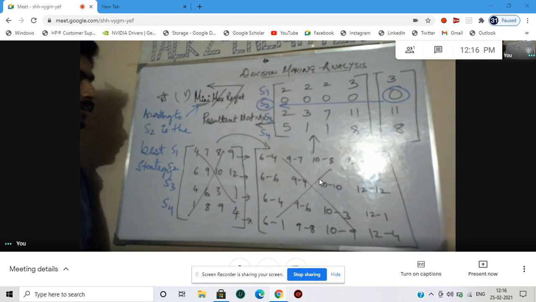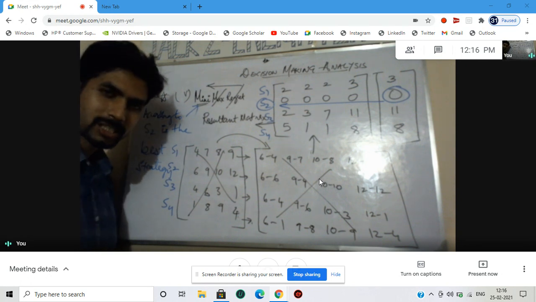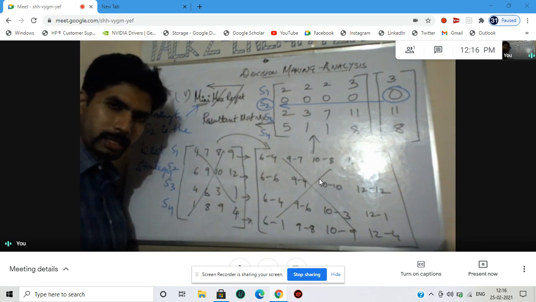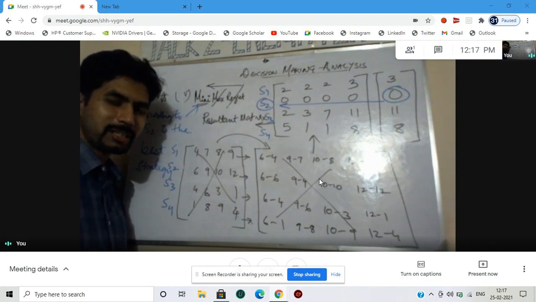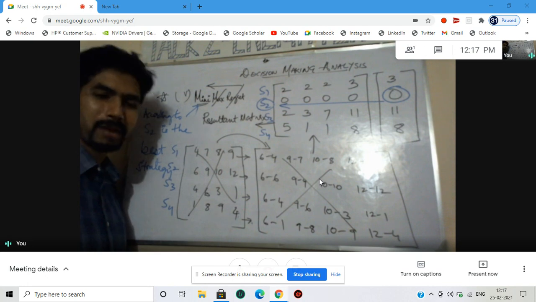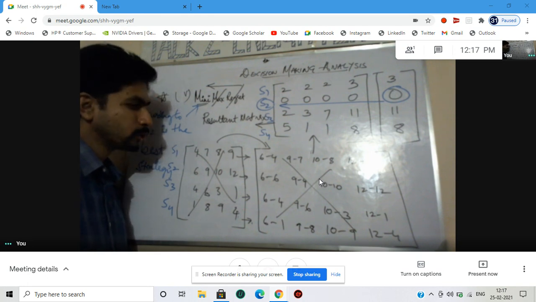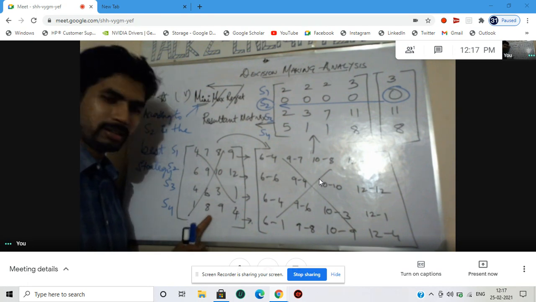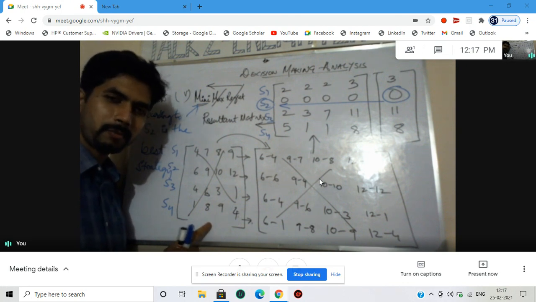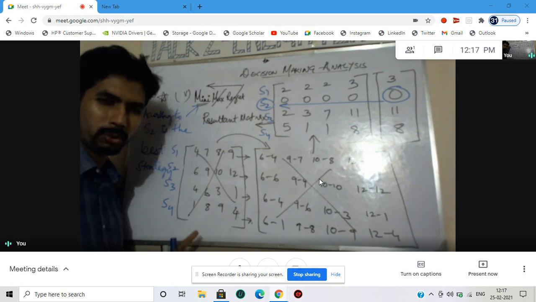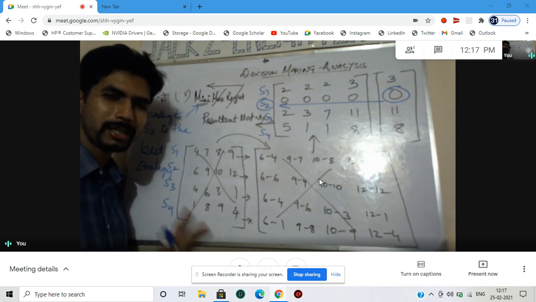Is that clear? Okay. There's another trick to find out which is the best strategy under the minimax regret criterion. This is the problem which I have taken. In this particular problem, you see where is the highest value in the matrix.